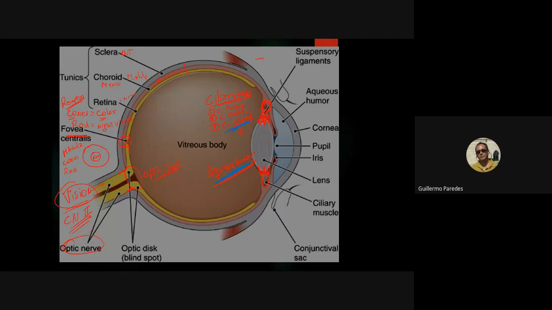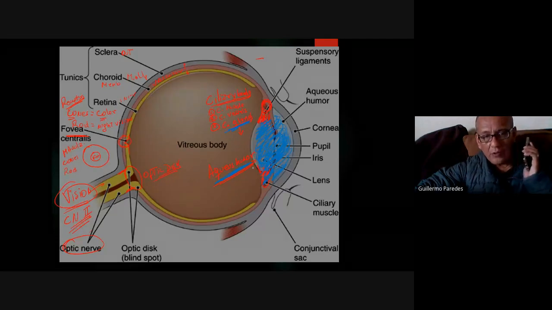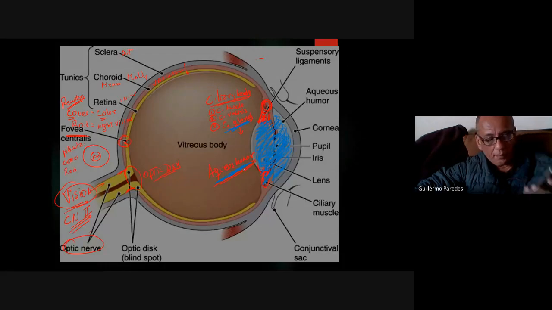This aqueous humor is going to go into the posterior chamber and into the anterior chamber. That is the location of the aqueous humor. You okay with that?